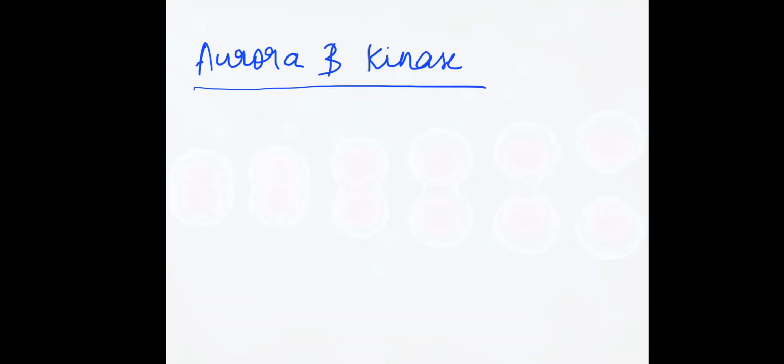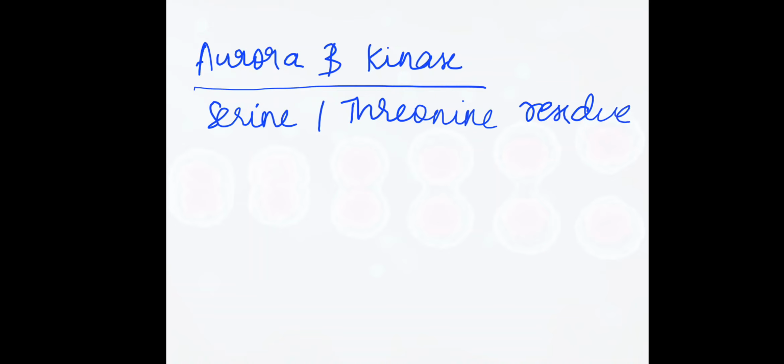So kinetochore is a protein complex, okay. There are error correction mechanisms which are done by kinetochores. That is mediated by Aurora B kinase, which adds a phosphate group to either serine or threonine residue.